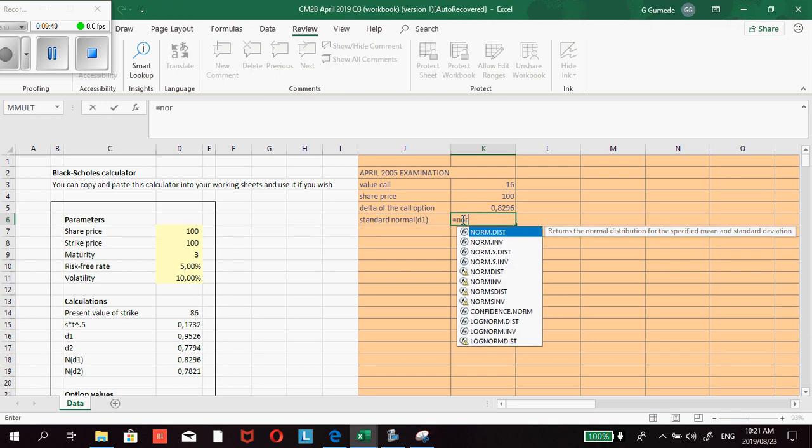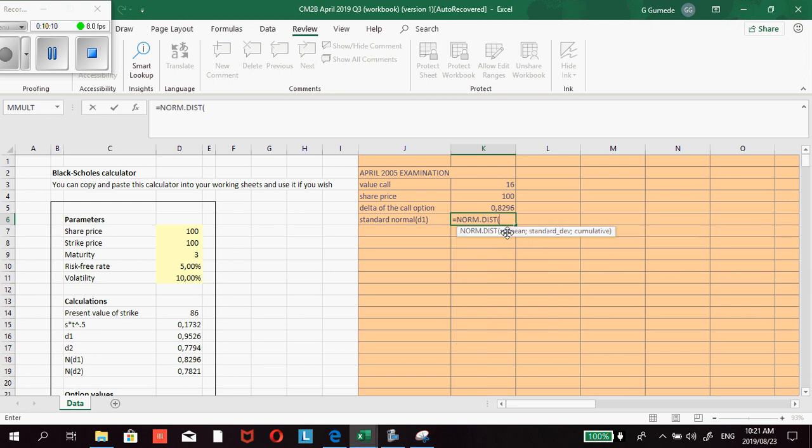Now this will be equal to the norm distribution function. You can see it returns a normal distribution for a specified mean and standard deviation. So I want a normal distribution evaluated at d1.